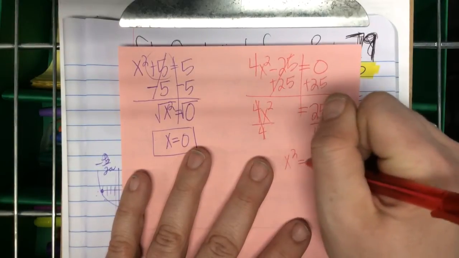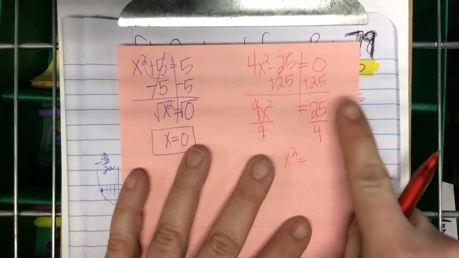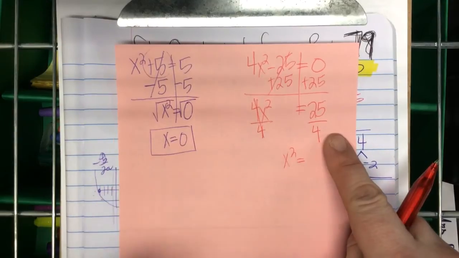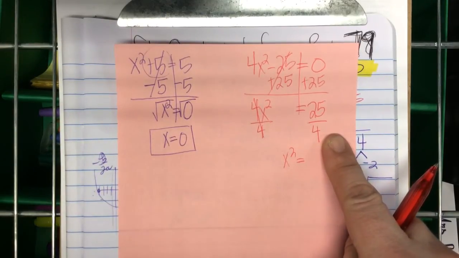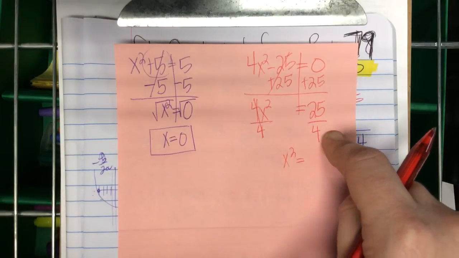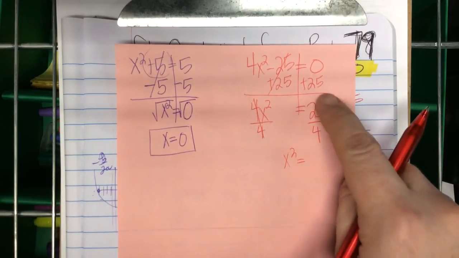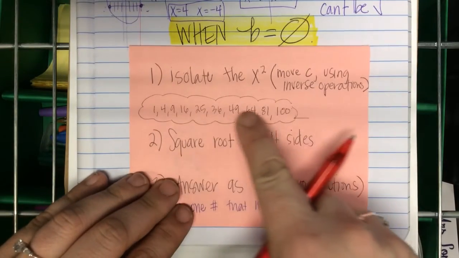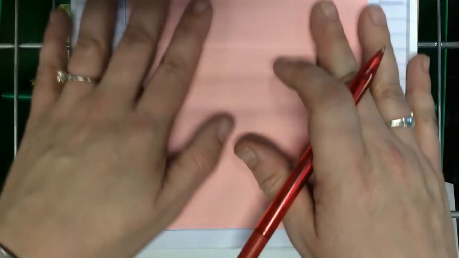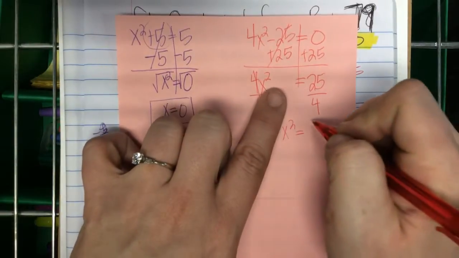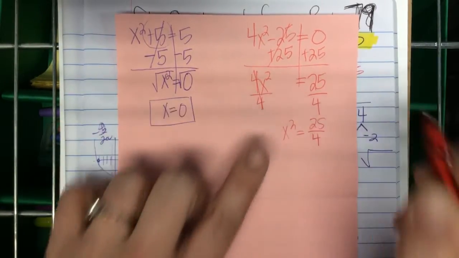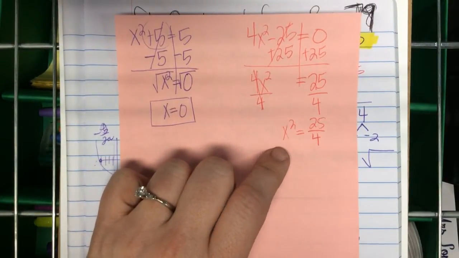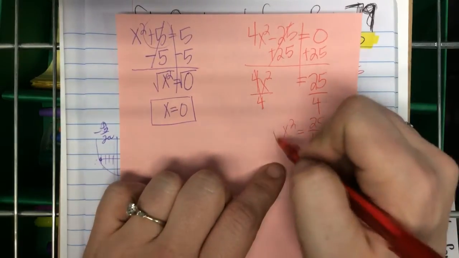X squared equals, and here's what I'm going to do. I'm going to look at 25 over 4, and I'm going to think to myself, oh, those numbers look familiar. I'm not going to find the decimal of this. 25 and 4 are both perfect squares. So I'm going to leave it that way. 25 over 4. But is x by itself yet? So I square root.